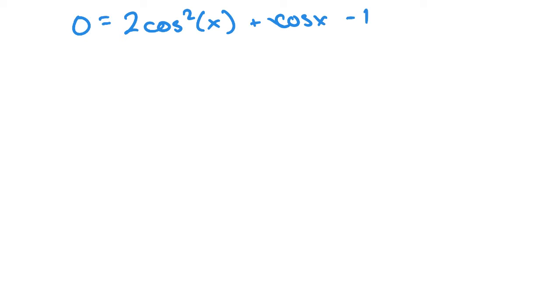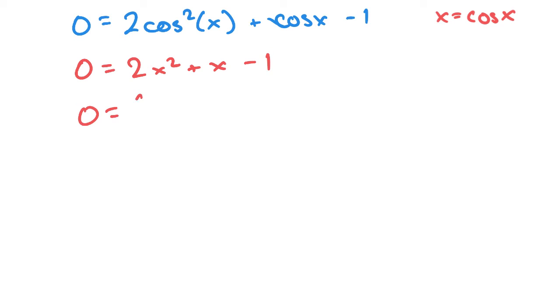And so if I think about this as, like, a polynomial here, if I were to rewrite it as a polynomial, let's just say x is equal to the cosine of x, I would get 2x squared plus x minus 1. So what I would want to do is I would want to figure out a way where I can factor this, so it's got to be 2x and x, and then there's just a 1 and a negative 1.